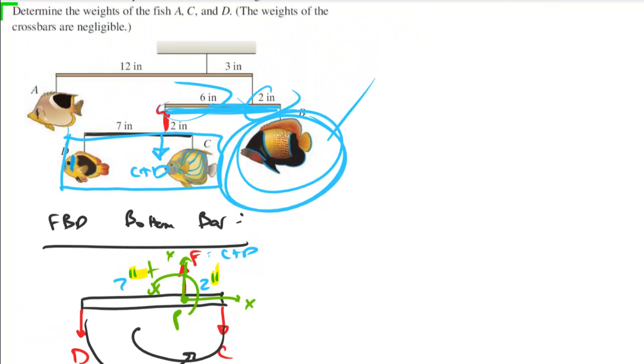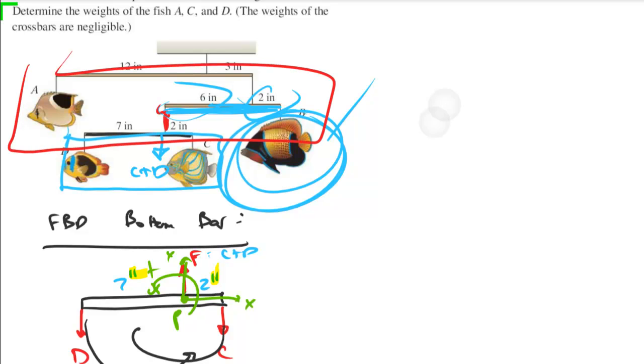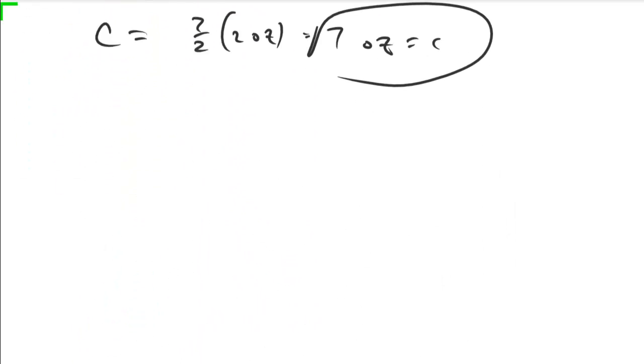So what we can do to find fish A is we'll just free body diagram the whole thing here, where this coming down here is going to be fish B plus C plus D, right? So free body diagram of the top bar.